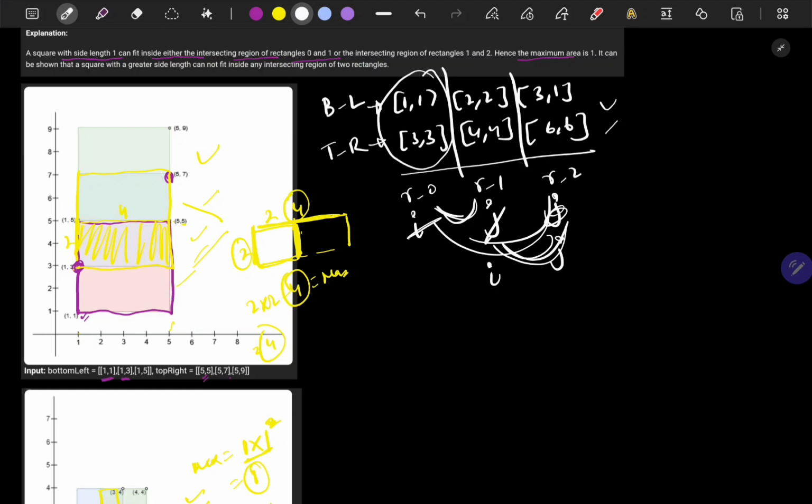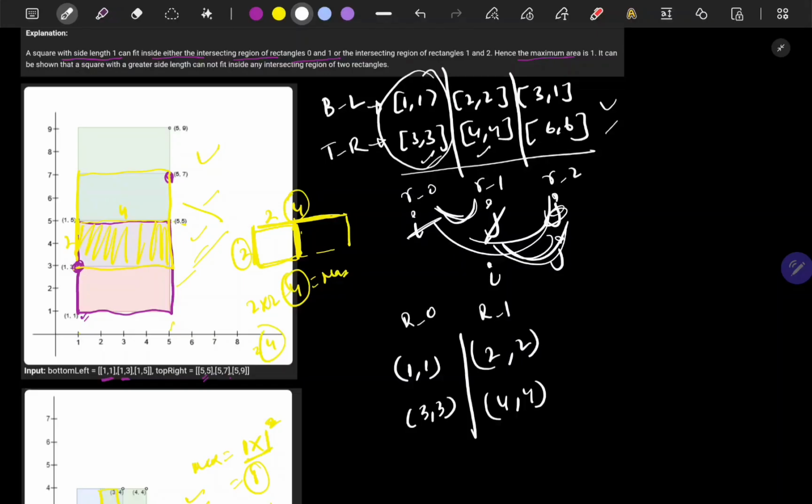Let's say we have these two: 1 1 3 3 is one rectangle, and 2 2 4 4 is another rectangle, rectangle 0 and rectangle 1, bottom left and top right. In which case will these two rectangles not overlap?